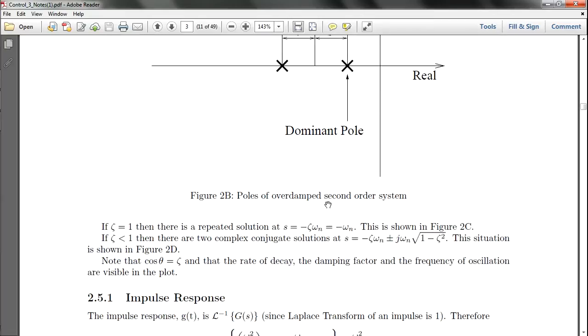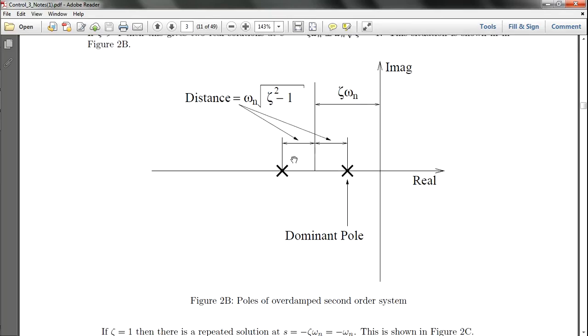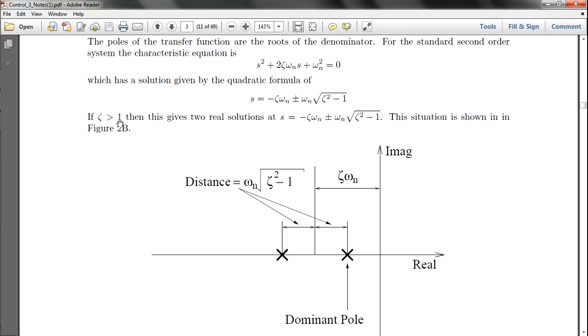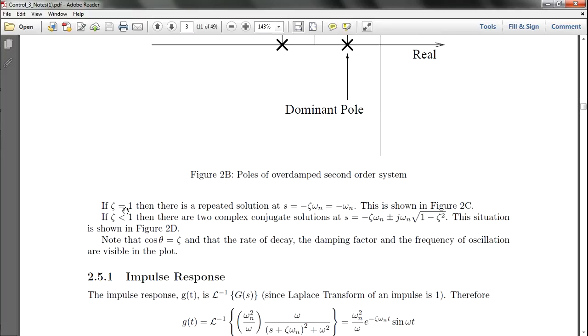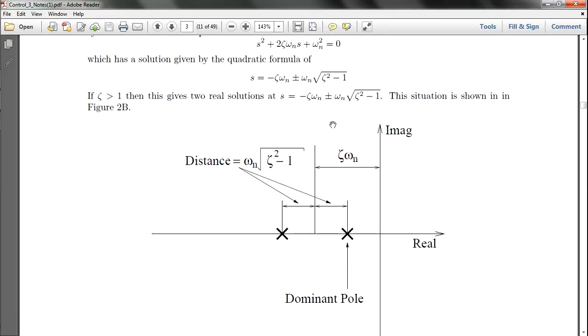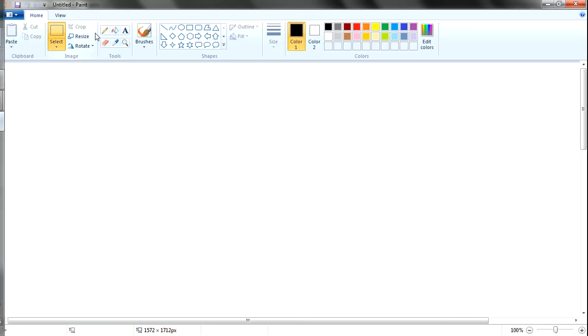So this is for when the damping factor is larger than 1. But what if it's equal to 1?